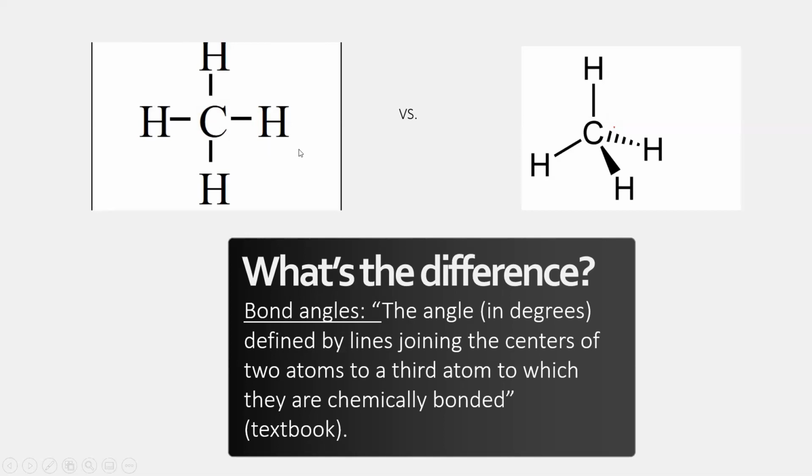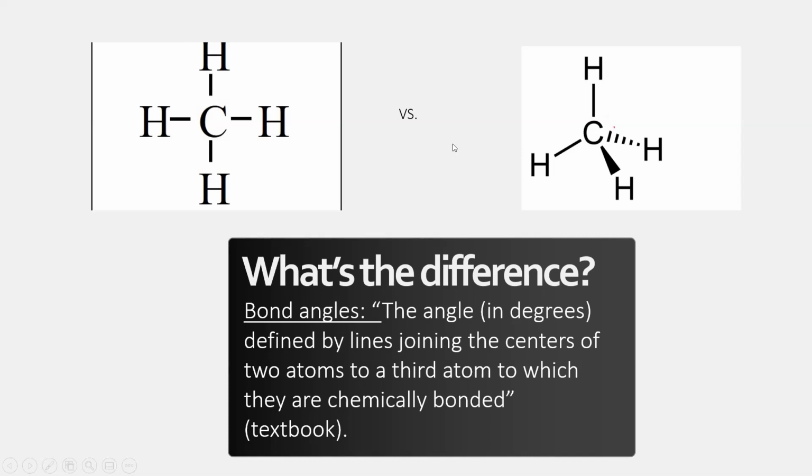Now, we know from various studies that the actual shape that we see in the world of methane is much more like the shape here on the right. It looks almost like a pyramid, with the dashed line and the more solid thick line in the front representing 3-dimensional space, of a hydrogen atom being behind the carbon atom and one being more in front.